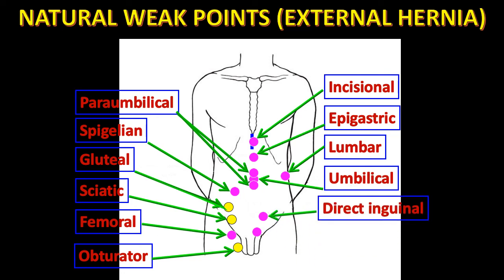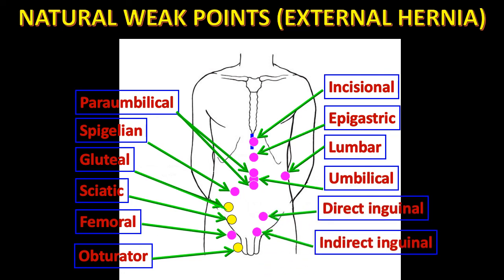It is the direct inguinal and indirect inguinal hernias. These are very important to know. These are 11 hernial sites that should be known by any practicing physician, not surgeon only, because it is part of the general examination of the abdomen for any other disease.